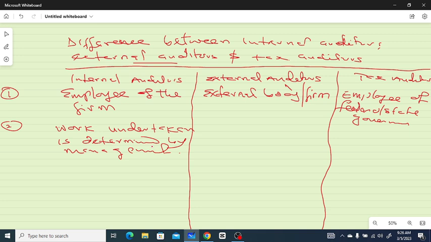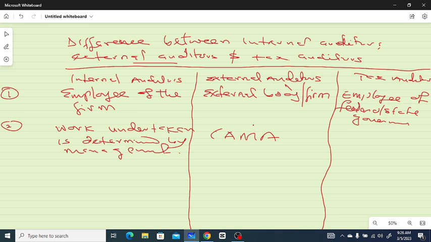Then the external auditor. This external auditor is a statutory auditor. The external auditor works according to the rules and regulations of CAMA, the Companies and Allied Matters Act.